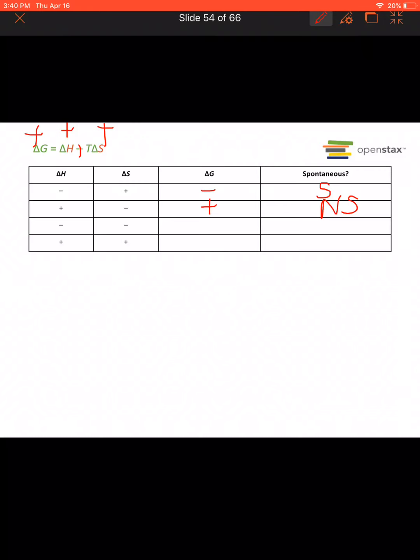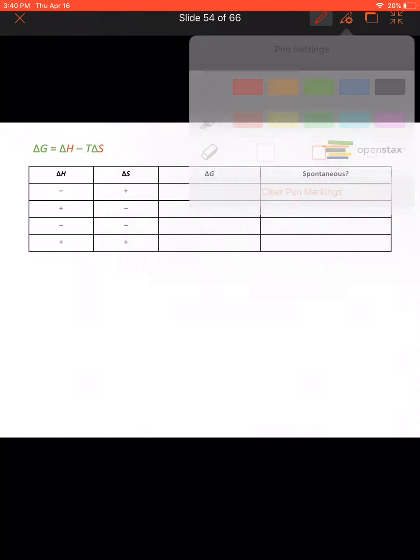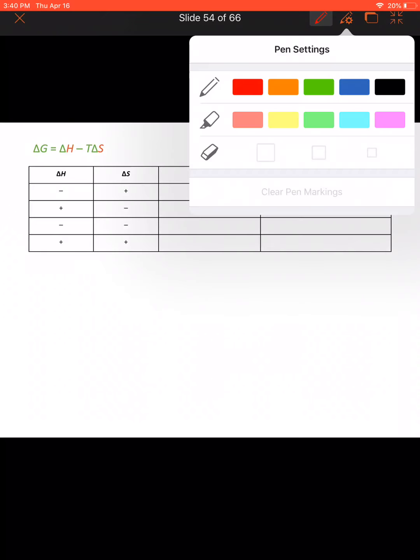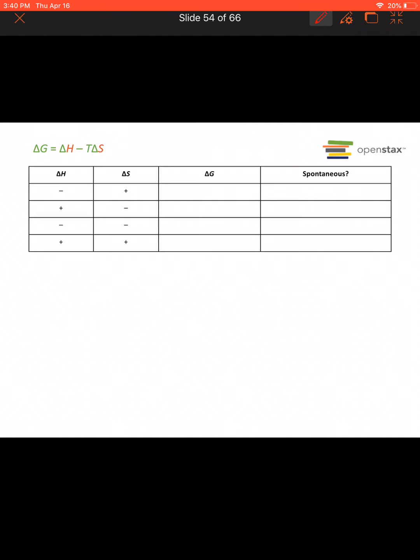Now, it gets tricky when the signs of delta H and delta S are the same. When the signs of delta H and delta S are the same, then the reaction becomes temperature dependent. Alright, so if we have a negative delta H and a negative delta S, how can we keep delta G negative?